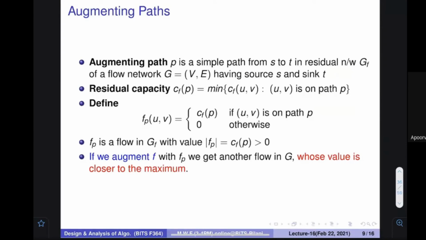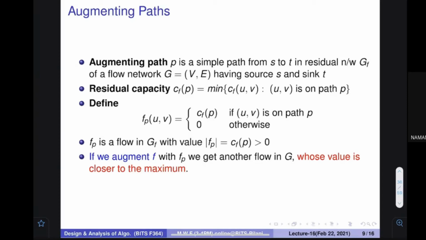So the augmenting path that we have just talked about: what is the augmenting path? It is going to be a new kind of graph, where into the path you set the values in such a way that whatever the minimum CF value into the path is, you put that as CF of P.